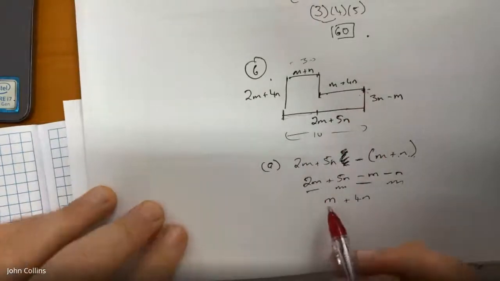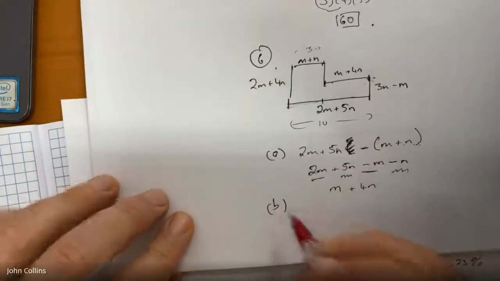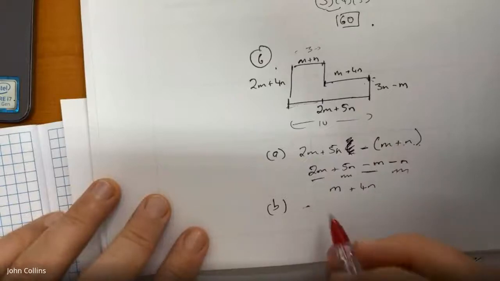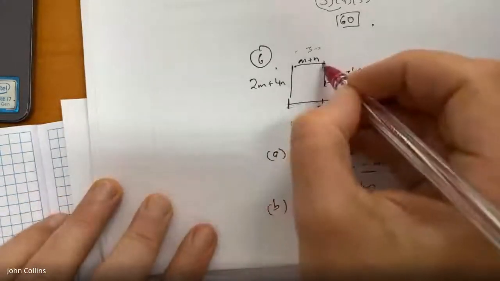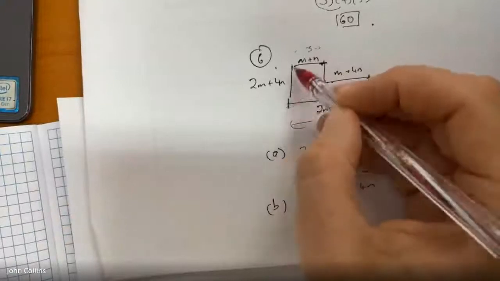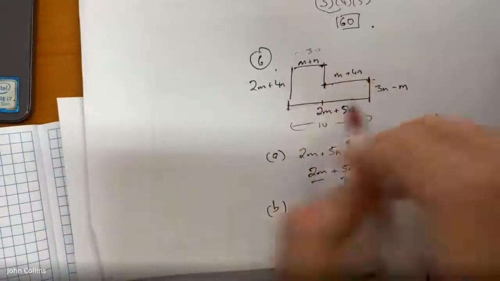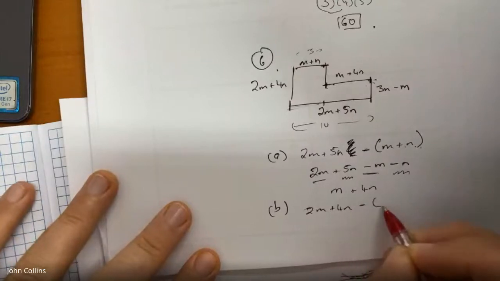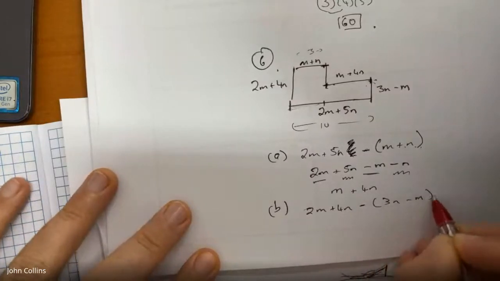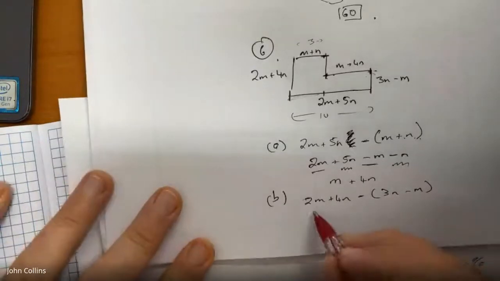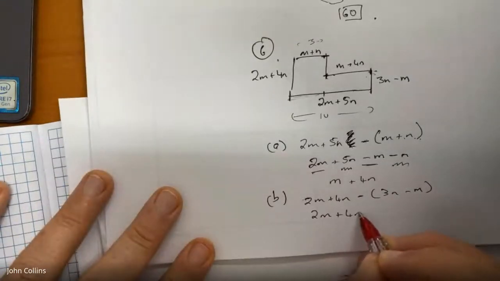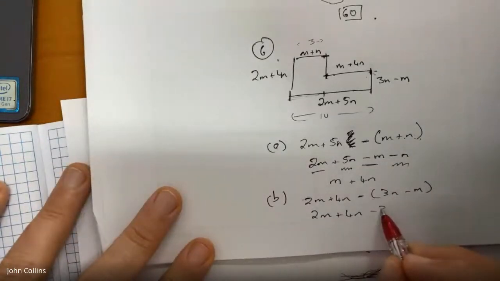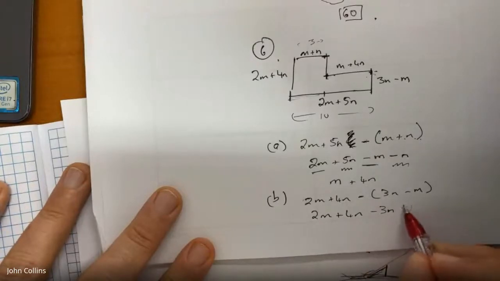Something similar for part B. I won't go through it in such detail this time. I need to find out this other little bit here, which would be this length take away this length. So 2m plus 4n subtract 3n minus m. Once again, this minus outside the bracket has the effect of changing the signs inside the bracket.